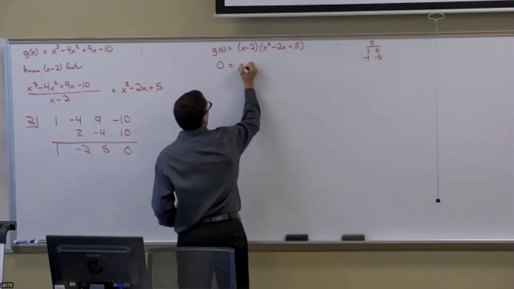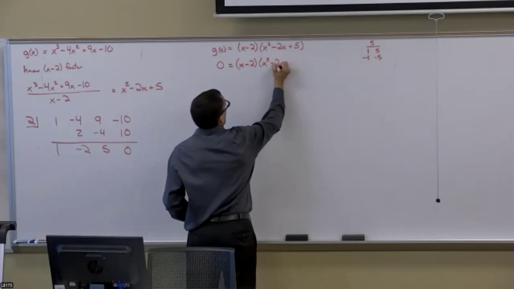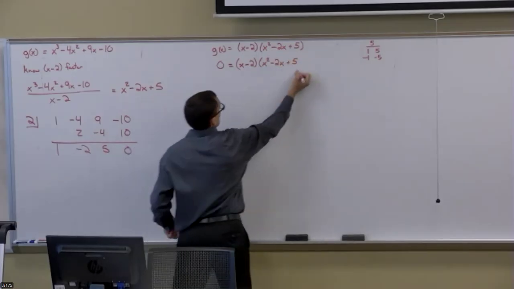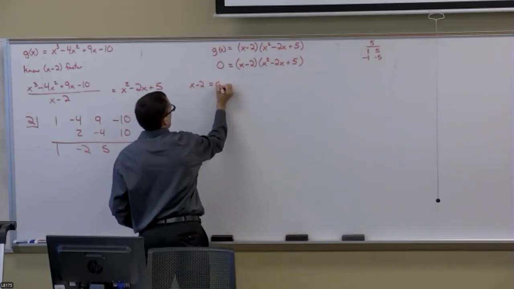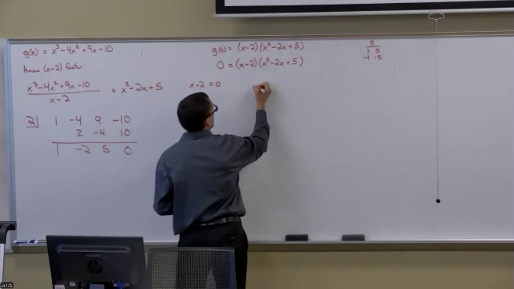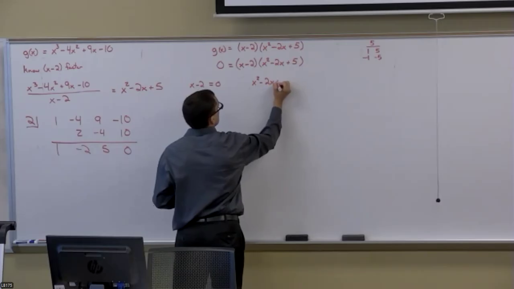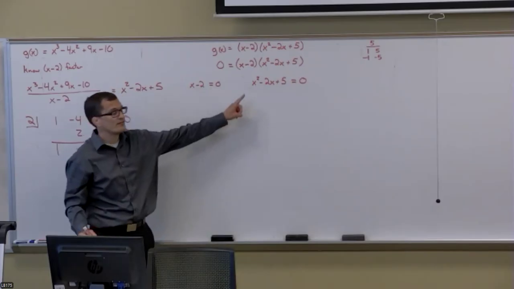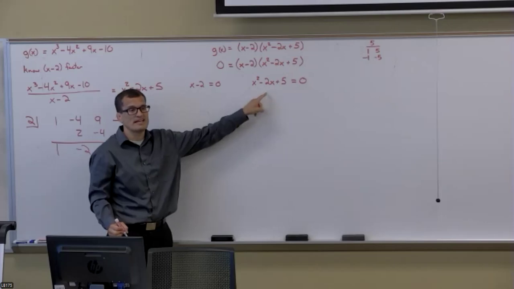If I can't factor it, then basically my other option is just to set x minus 2 equal to 0. I already know that. And then set this quadratic equal to 0 and solve this quadratic equation through some other technique other than factoring.